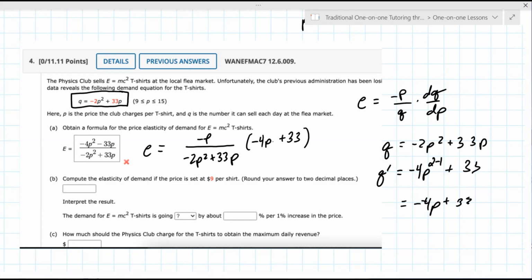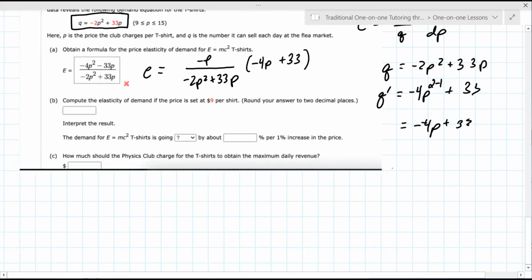So why didn't it like your answer? It could be a sign thing. If this goes in here, which is kind of what you did, it becomes 4P squared minus 33P, so I'm already seeing a potential sign error there.